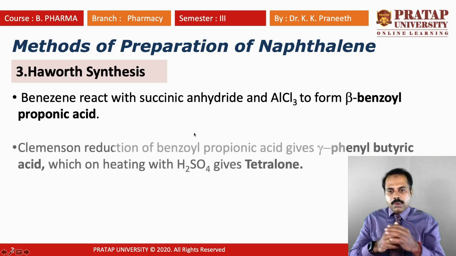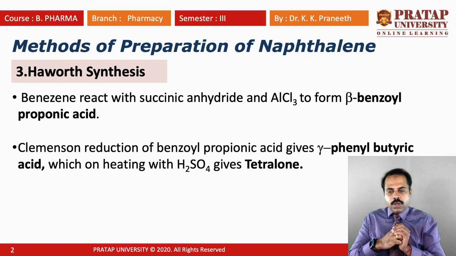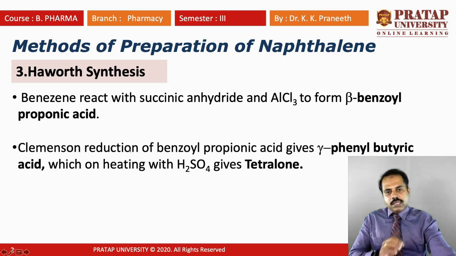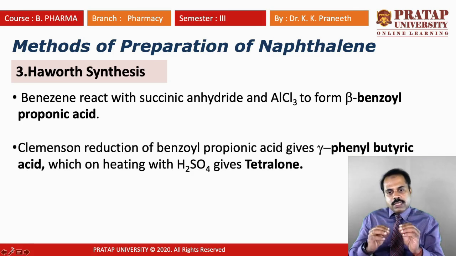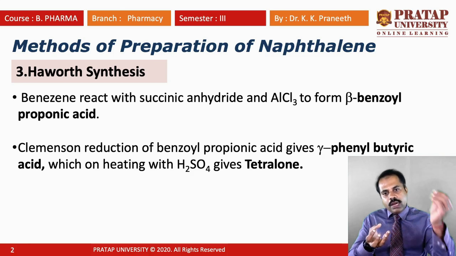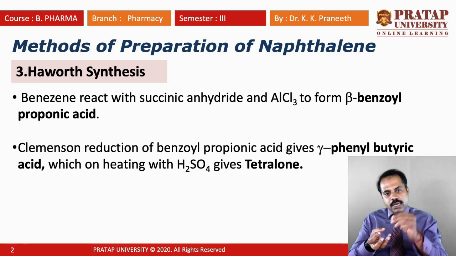Then this beta benzoyl propanoic acid undergoes Clemmensen reduction. Clemmensen reduction is nothing but reduction, the addition of hydrogen, or loss of oxygen, using zinc amalgam.